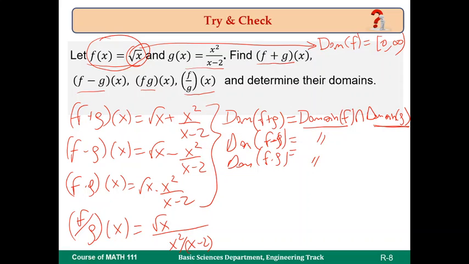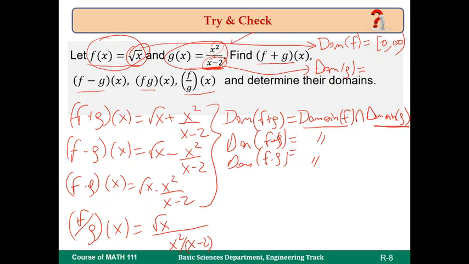Now, what about g? The domain of g will be equal to what? The domain of g should be all real numbers. In the numerator there is no problem, but in the denominator this should not be 0. So what makes it 0? 2 makes it 0.